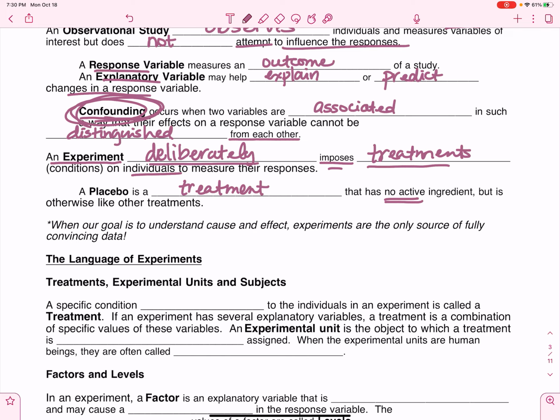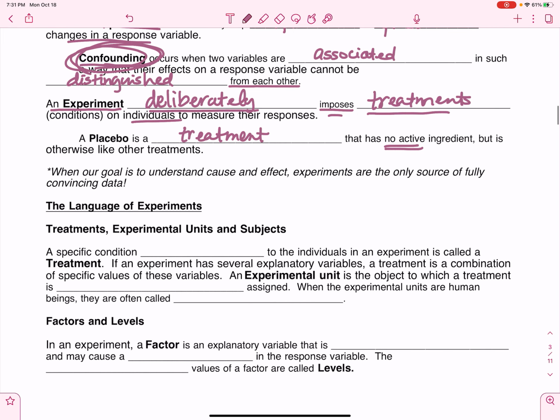I'm worried that if I tell them it's some kind of wonder drug, they're going to think their headache is getting better. So I may want to randomly give some of them a placebo and some of them the actual treatment. The placebo is just making people think they're taking something when they're really not. And we're going to talk about that in more detail in a moment.